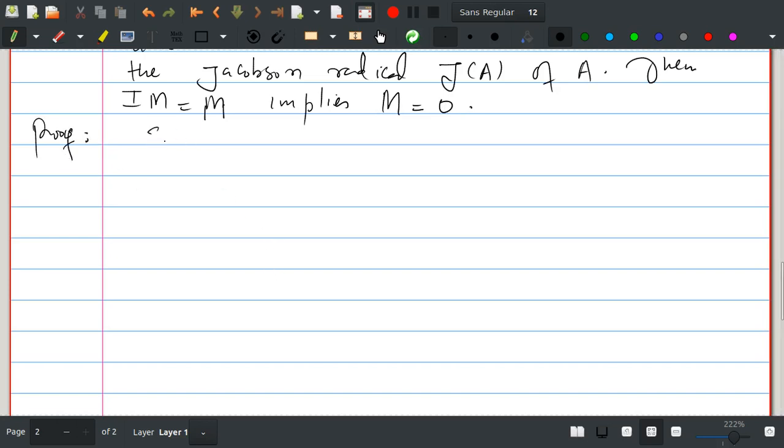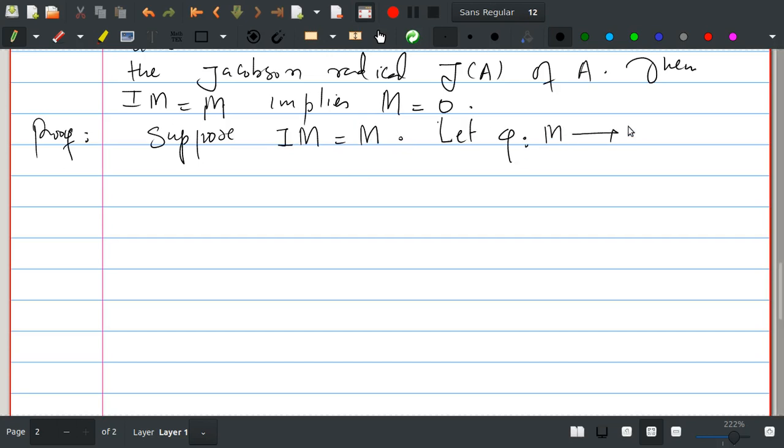So suppose IM is equal to M, and let phi from M to M be the identity module homomorphism.